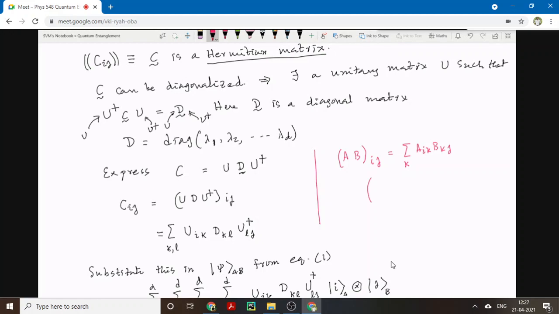This row is multiplied with this column, so k is changing here and k is changing here, and we sum over all of them. This is just representing matrix multiplication in terms of the indices. So basically you're converting a matrix notation to summation notation. Exactly. Now I have three matrices here, so I have to introduce two indices. Three matrices means two indices. Two matrices means one index, the running index.